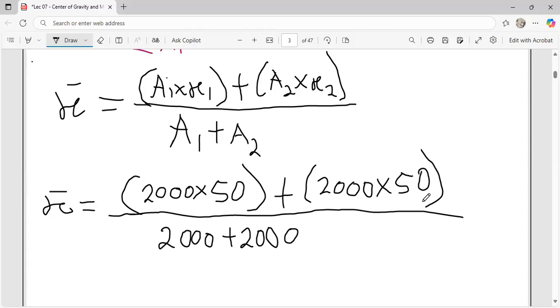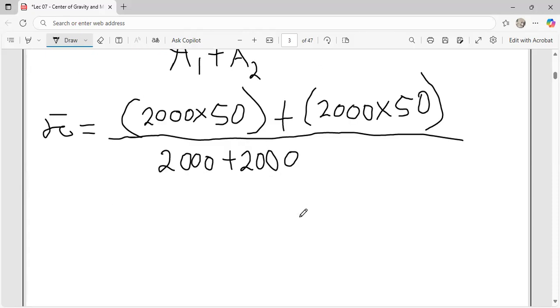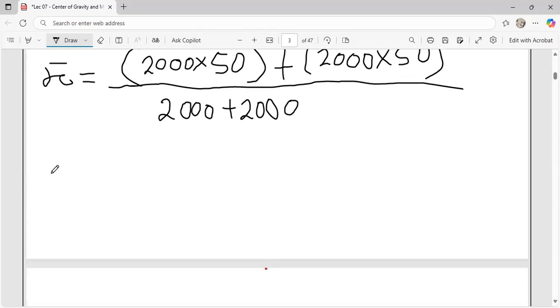If you input it into the calculator, you realize that your x bar is going to be 50 mm. Just 50.